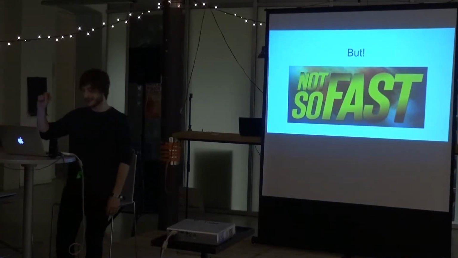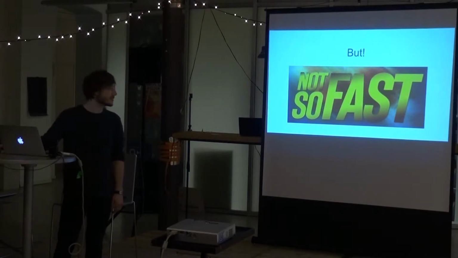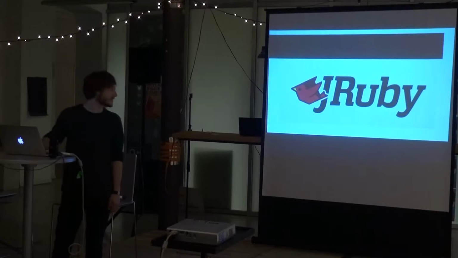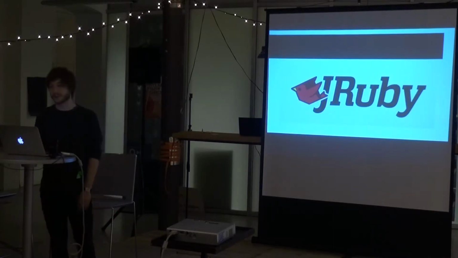It's not so fast. What can we do to minimize the differences here? Maybe we can use this. Does anyone know about this? Has anyone used JRuby before? Okay, great, really awesome.